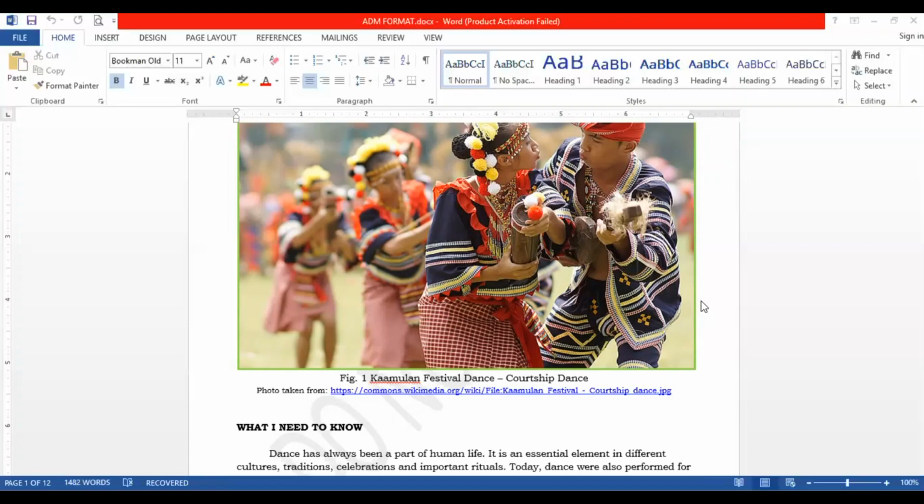You just have to click on tools and then usage rights and then click on labeled for reuse. And ipapakita na po sa inyo ng Google kung ano-ano yung mga photos na pwede nyo gamitin na free at walang copyright. Okay? So, etong picture po na to ay free photo from commons.wikimedia.org. Pero ako, kahit free photo siya, sinasite ko pa rin siya. Okay? Just to give acknowledgement to the owner of the picture.